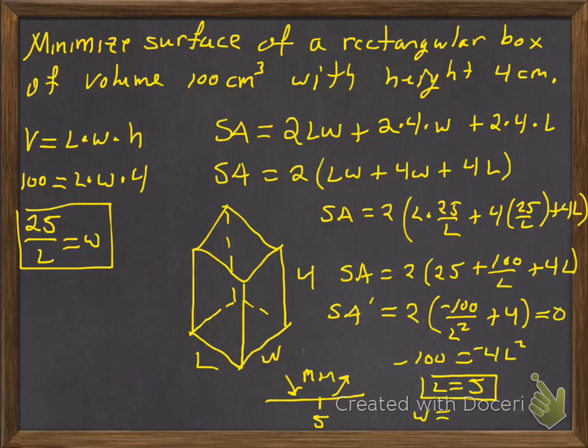And all we got to do now is just pop in the 5 for the L, and we find that the W is also 5. So we end up getting a square base that's going to give us this volume of 100 centimeters cubed. And if we want to put our units on here, this would be both in centimeters and centimeters. And we would have a square base. Okay.